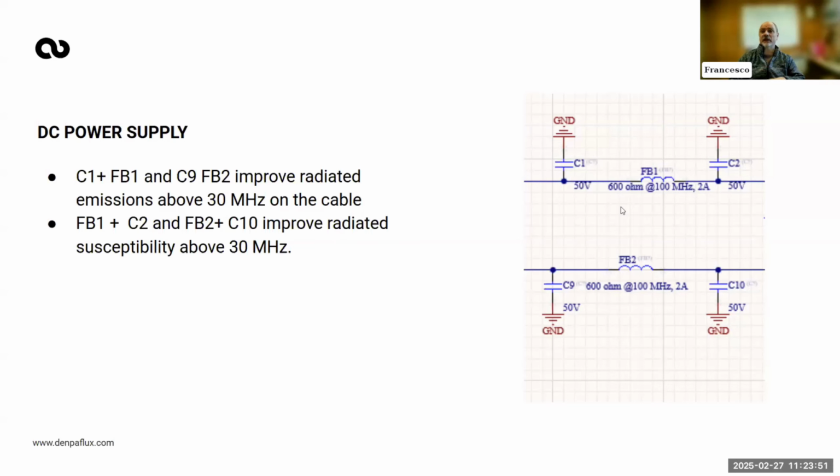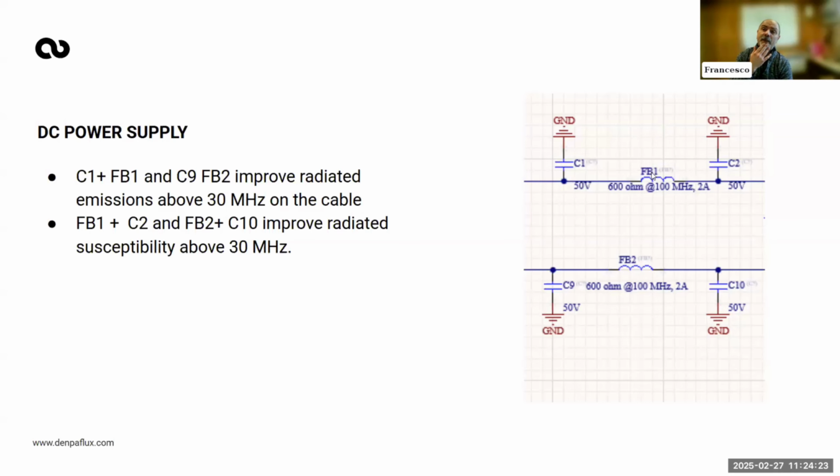Imagine this is the positive: FB1 C1 is a low pass filter for the emission, same as FB2 C9 is a low pass filter for the emission, and both the positive and negative of your cable need to be filtered in this way.